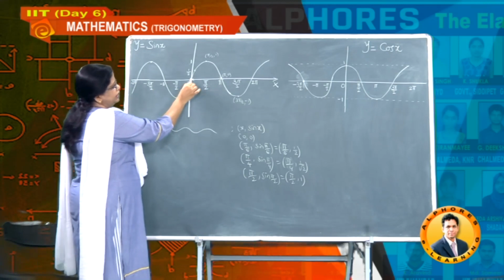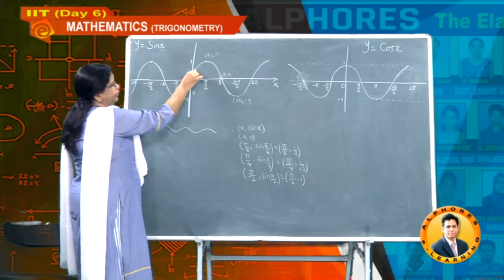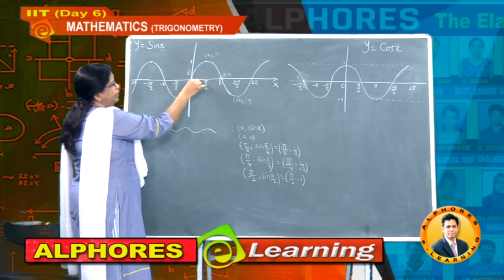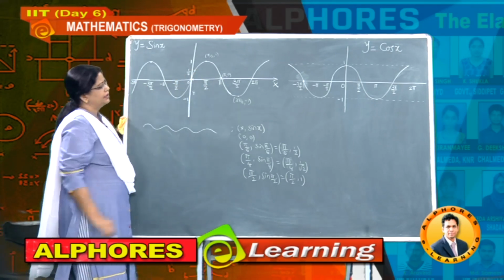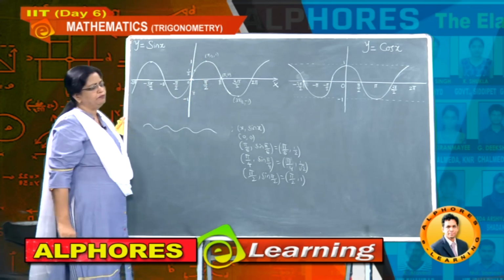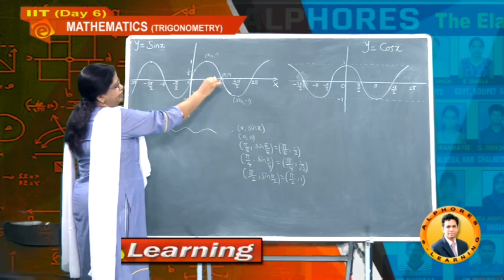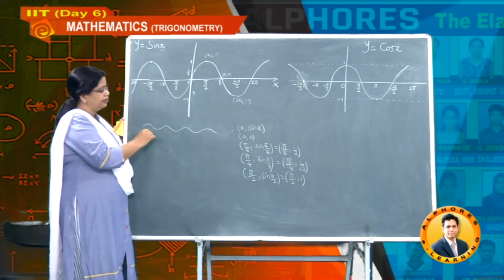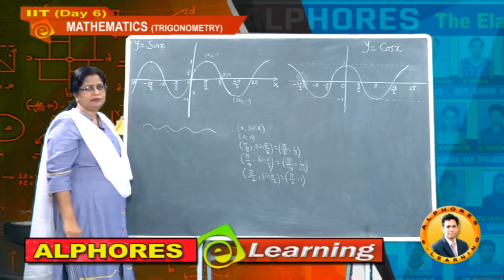Then what exactly are the points on this curve? There is a point where the ordinate is 1 by 2 and the abscissa is 30 degrees. Corresponding to abscissa 90 degrees, the ordinate is 1. Now once the curve goes like this, and we observe no breaks at all while drawing the curve, it is known as a continuous function.